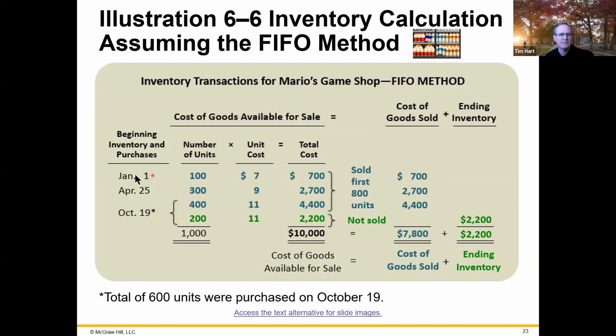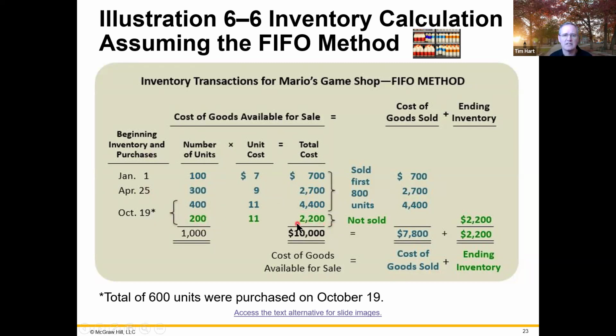Okay, so same numbers. January 1st, 100 units, $7 a unit for $700. April 25th, $9 a unit, $2,700. Number of units sold 400, cost them $11 there. And at the end of the time, we have just 200 left.